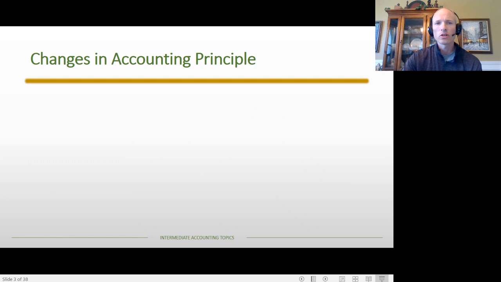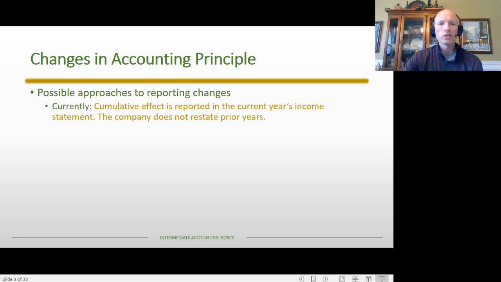All right, let's focus on changes in accounting principle first. There are several possible approaches when we talk about changes in accounting principle. One is called reporting changes currently. And so you basically have this cumulative effect. So let's say I change the way that I do my inventory accounting. Well, if I make that change, it's going to change cost of goods sold for however many years back, if you kind of think about it.